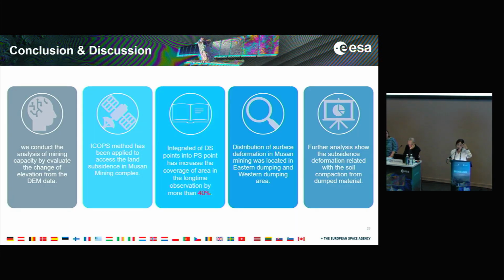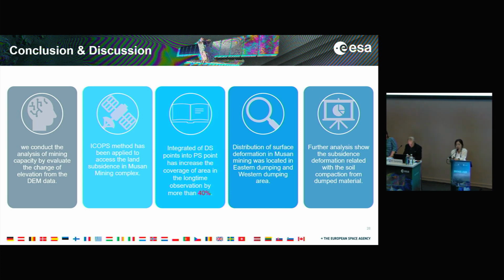This is the conclusion and discussion. We conducted the analysis of mining capacity by evaluating the change of elevation from the DEM. The ICOPS method has been applied to assess the land subsidence in the Musan mining complex. Integration of DS points into PS points has increased the coverage of the area in long time observation by more than 40%.